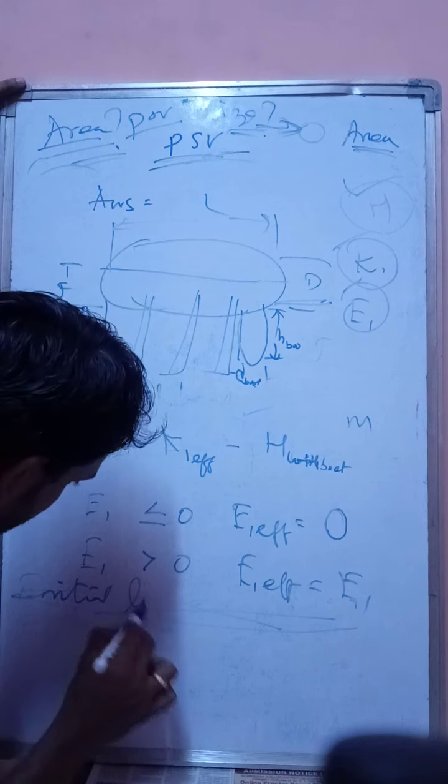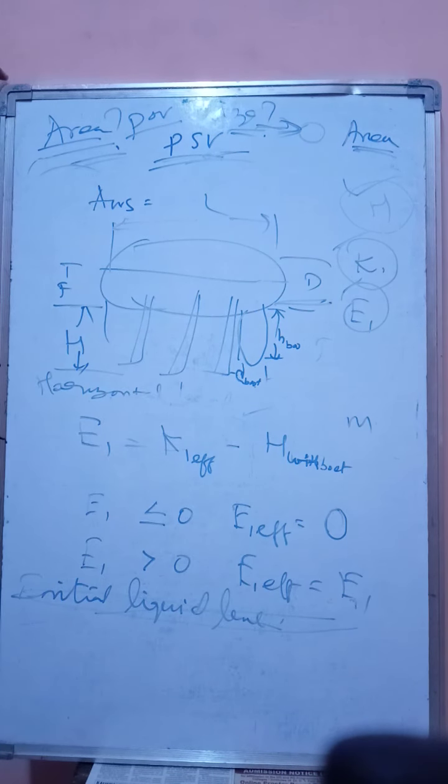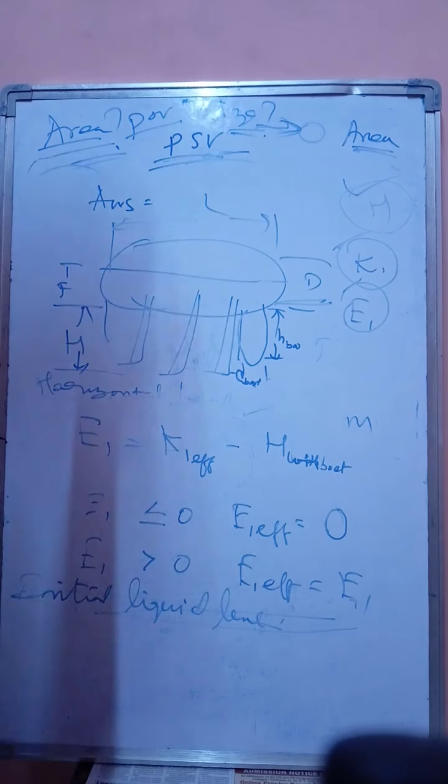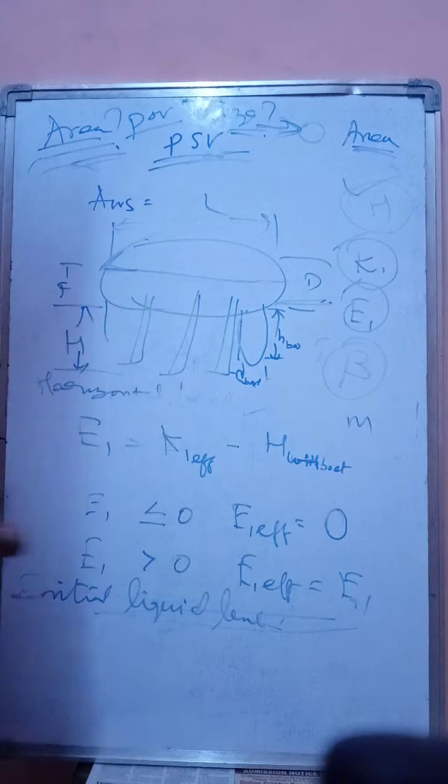Initial liquid level. Okay. Now we have to find out one more thing, beta, which is the liquid level angle. What is the liquid level angle?